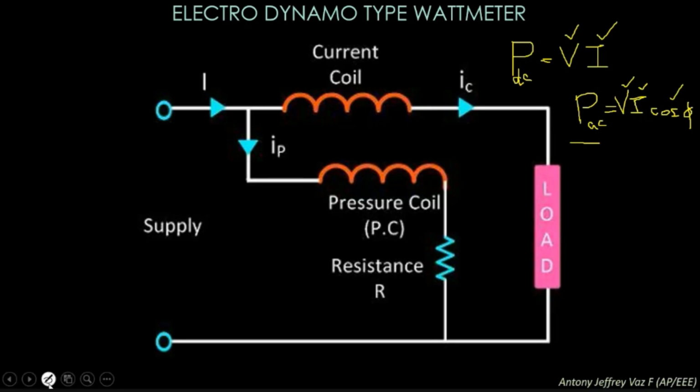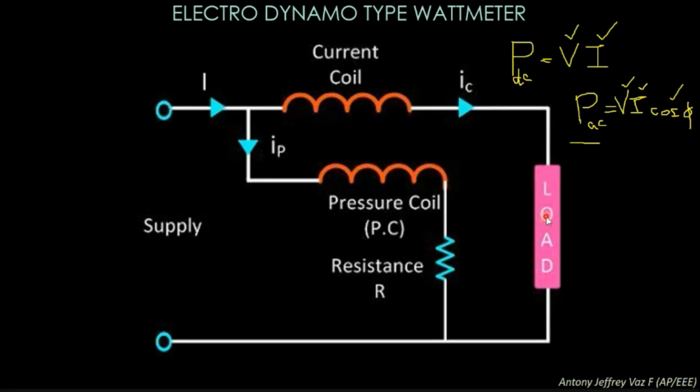Here you can see there are two coils: the current coil, and the pressure coil with a resistance. The current coil measures the amount of current I flowing in the circuit. The current coil is connected in series with the load.